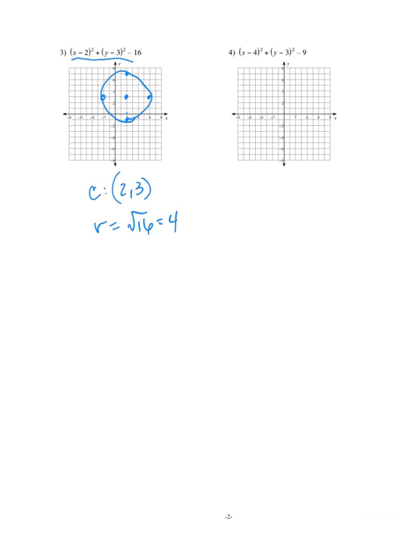That's a pretty easy one, and a lot of the ones on homework are easy too. So the center here is going to be the opposite of -4, which is 4, the opposite of -3, which is 3, and the radius is the square root of 9, which is 3. So we do 4, 3, we draw that first, and we go to the right 3, up 3, down 3, and left 3, and draw our circle.